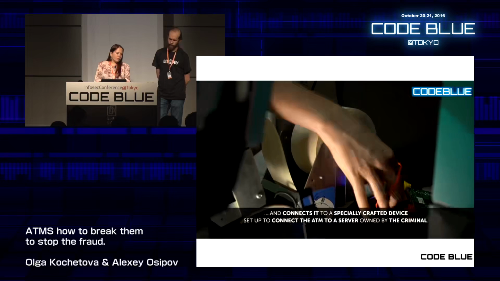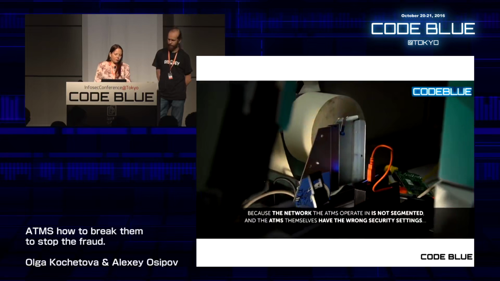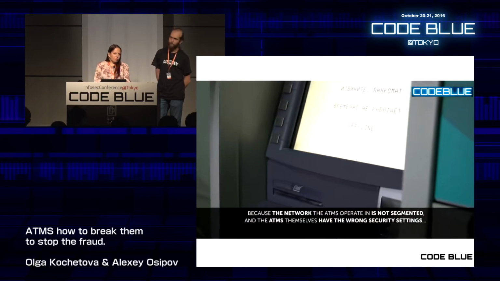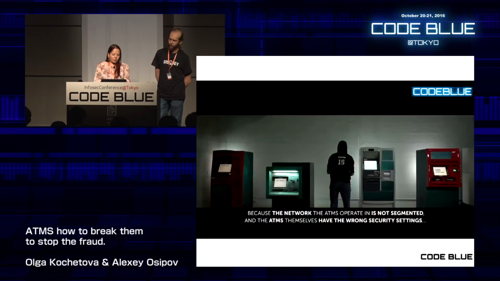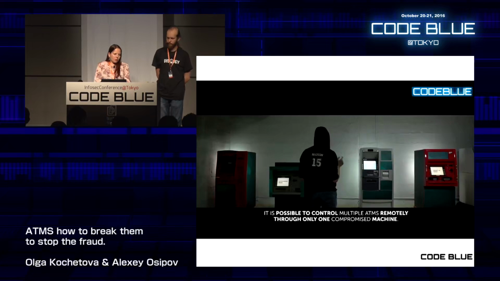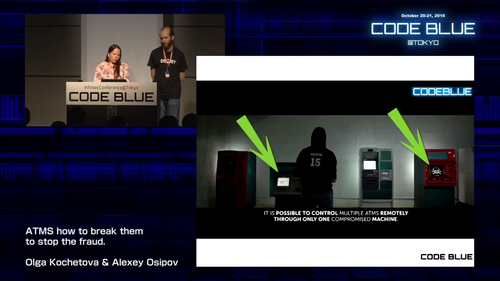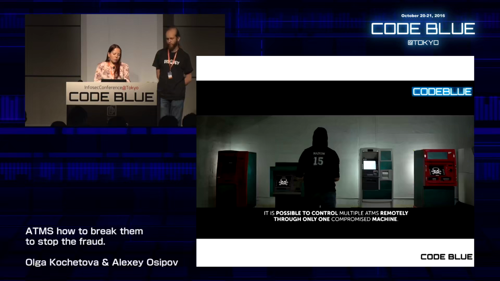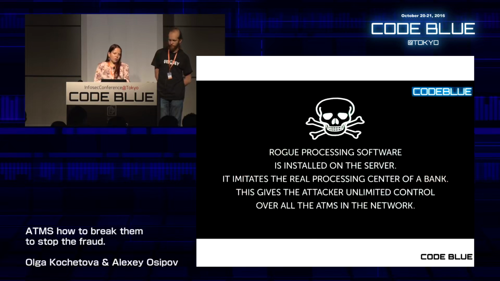On this Raspberry Pi, there is software which emulates a real processing center. And now all ATMs in this network are under the control of this attacker, of this piece of software, which is actually a rogue processing center.